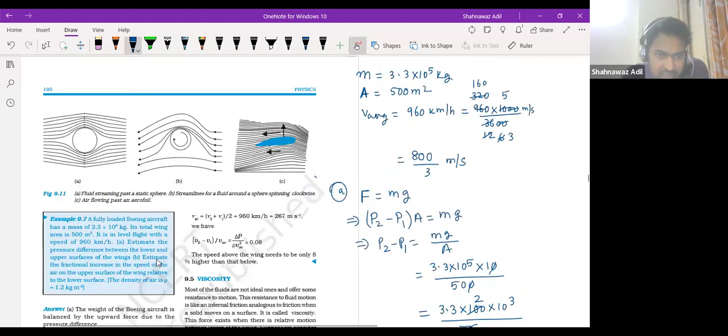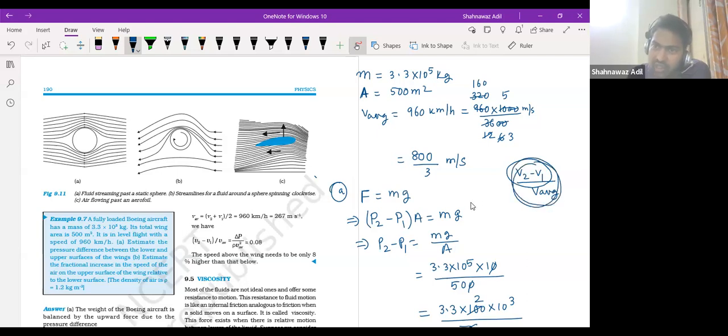Now estimate the fractional increase in the speed of air on the upper surface relative to the lower surface. So fractional increase. Increase in velocity is how much? That is v2 minus v1. That is the increase in the velocity, right? And fractional increase would be this divided by v average.